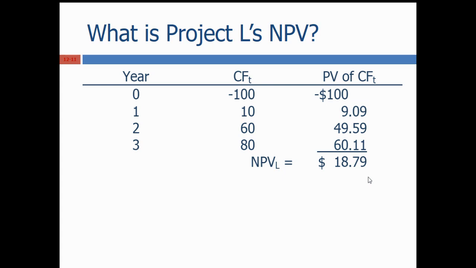So class, why don't you calculate for project S? Same method. You have the number of years and your cash flows, based on what is given in the question. Then you calculate with the discount rate. Cash flow times discount rate, you get present value. Add up all together, and you'll get your NPV.